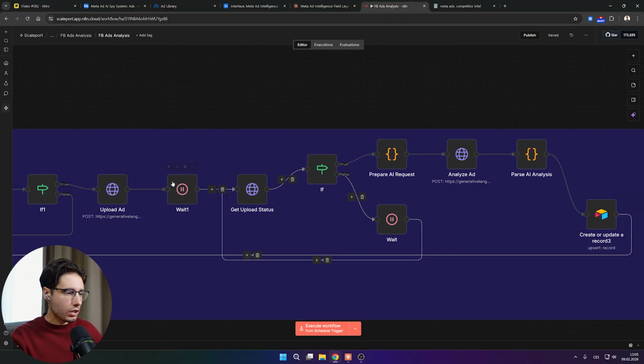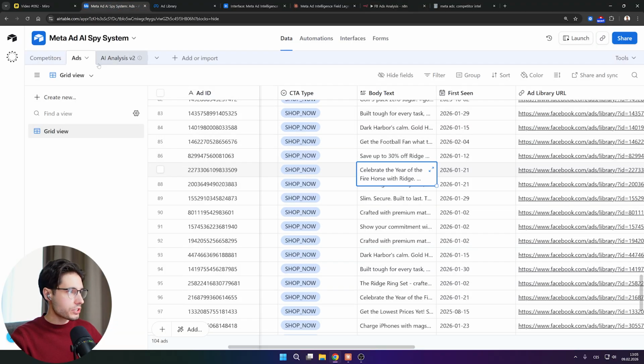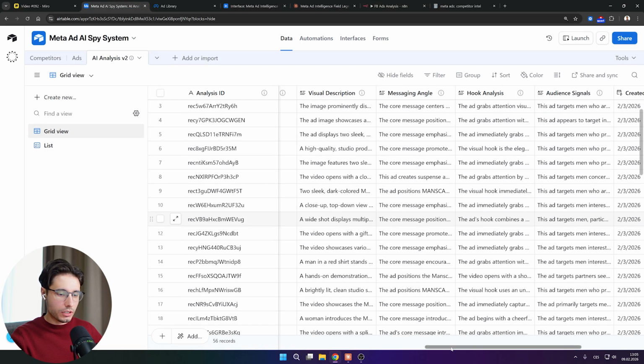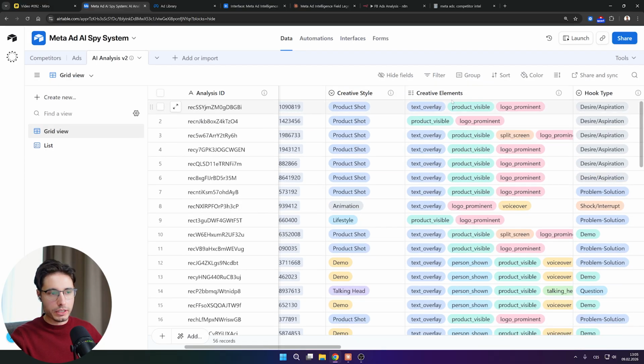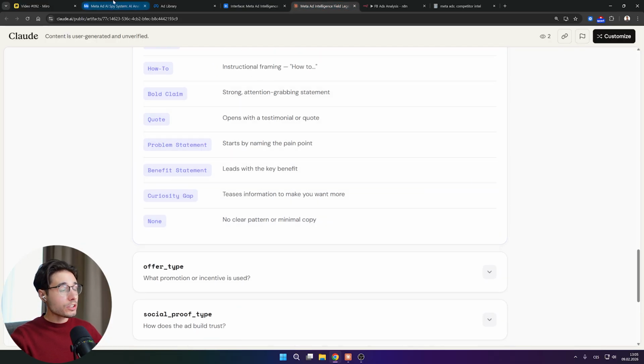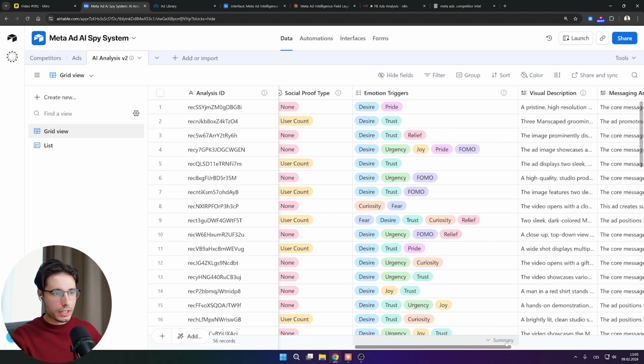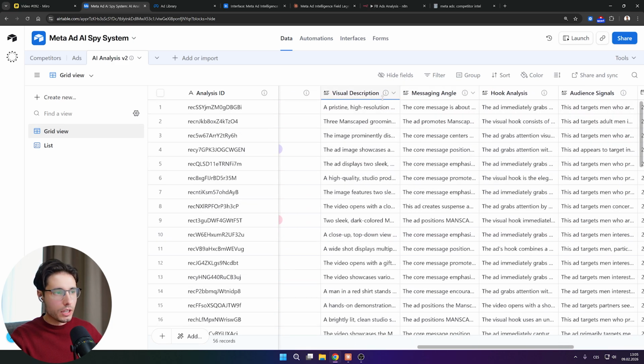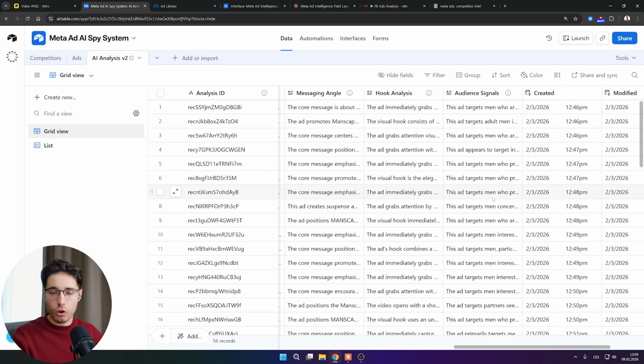So we have it right here that the ad uses the tagging system we developed for this particular brand. We saw the creative style, the creative elements, as I showed you. It is right here, but it also creates free text, which is essentially a description of the visual, of the messaging, of the hook, and the audience signals, and all of that. So all of that is done with one run.